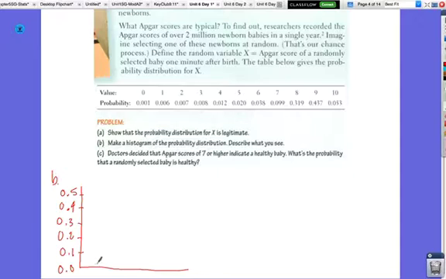And then my x values would be 0, 1, 2, 3, 4, 5, 6, 7, 8, 9, and 10.